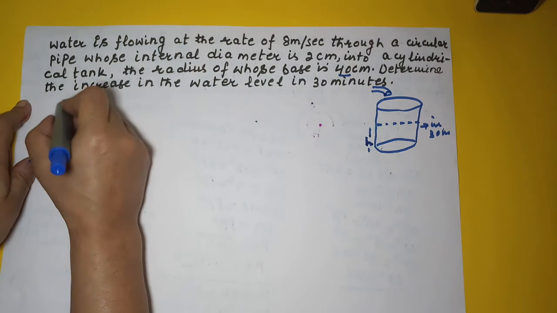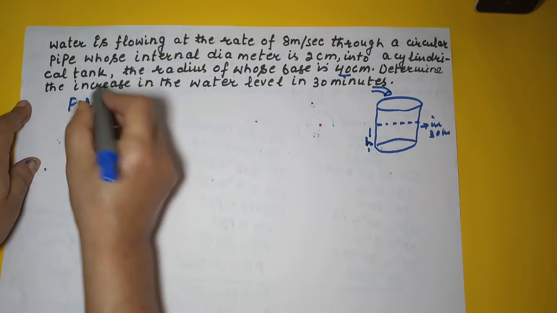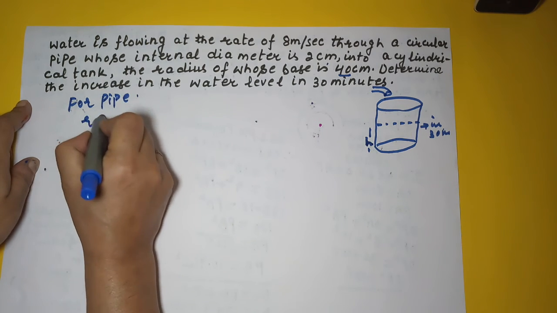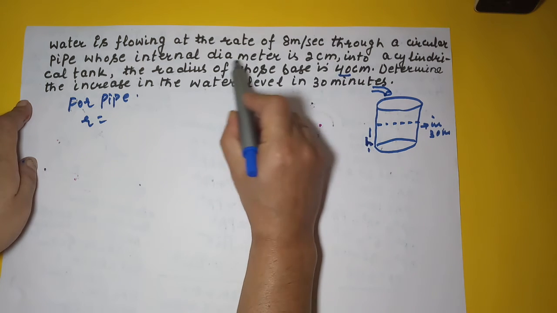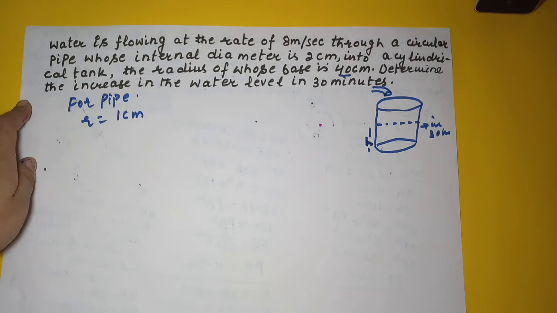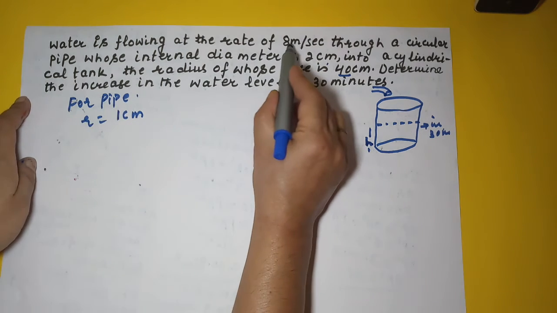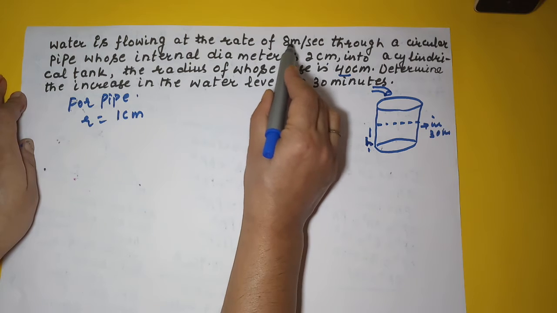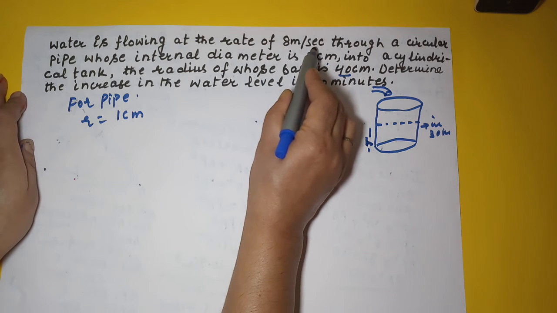So what we will do, we will first write the dimensions for the pipe. What are the dimensions of the pipe? Diameter is given as 2 centimeters, so the radius is 1 centimeter, right? And what else is given? It is flowing through the pipe at 8 meters per second.